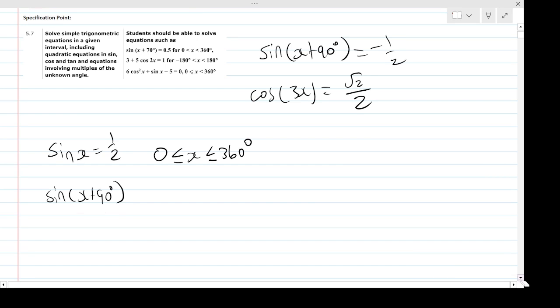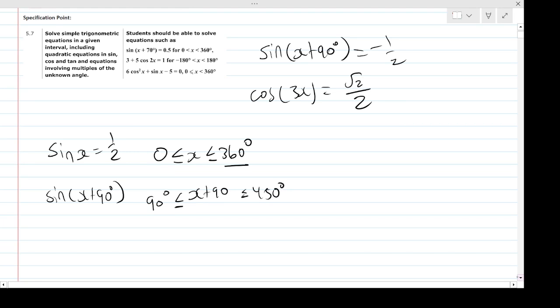It's not just x, you have x plus 90, meaning that our range of values has to be changed as well to compensate for that. The only difference with solving in this case is we need to adjust our interval. So instead of x, we now need x plus 90, and so we add 90 to both ends as well. So 90 and 450.